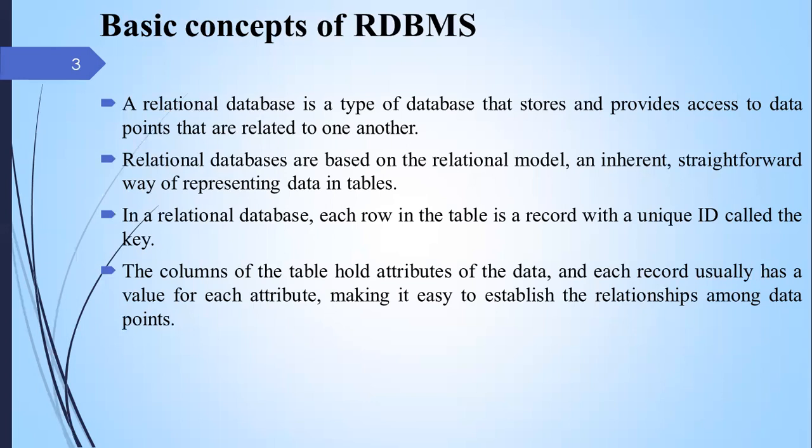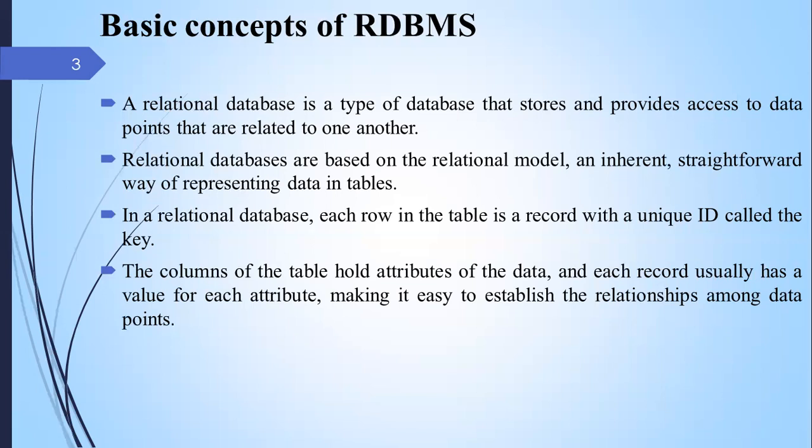The columns of the table hold the attributes of the data. The column available in the database management system holds the attribute of the data. And each record usually has a value for each attribute. This makes it easy to establish the relationship among the data points.